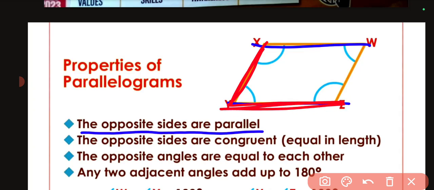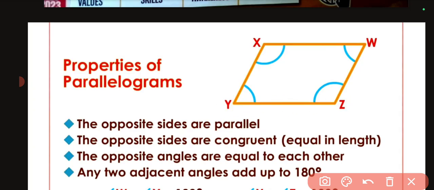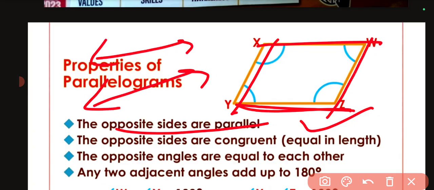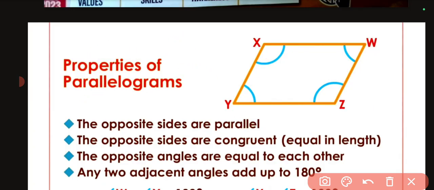So xw is parallel to yz, and xy is parallel to wz. These are parallel sides.